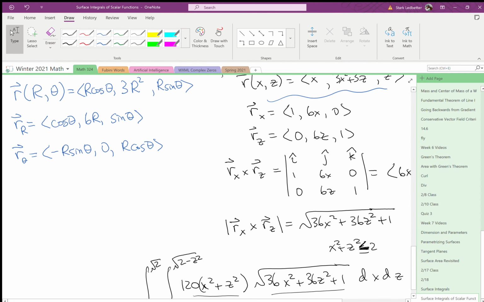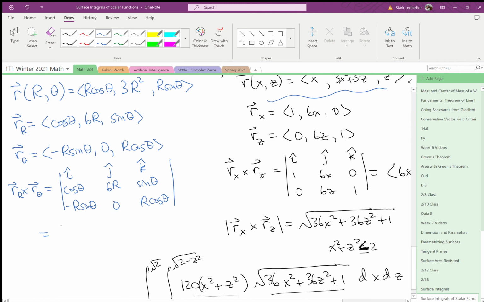find the cross product again, r sub r cross r sub theta, with i, j, k, cosine theta, 6r, sine theta, negative r sine theta, 0, r cosine theta.